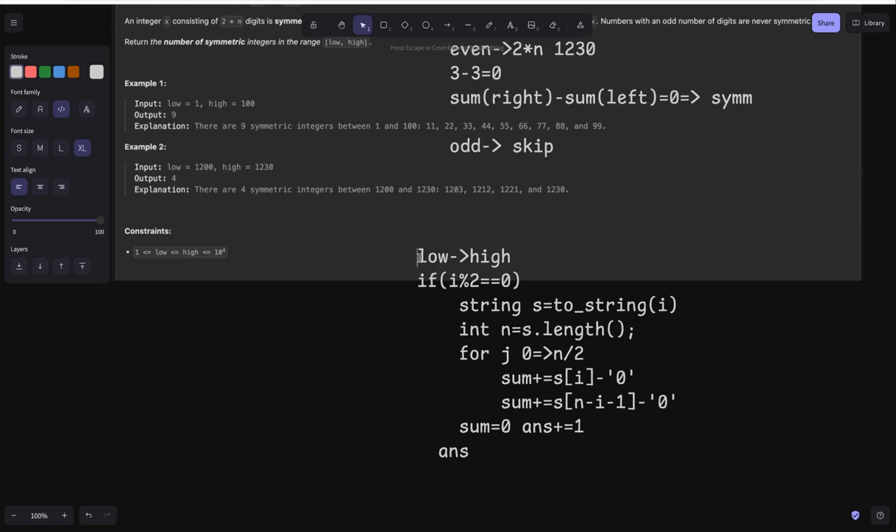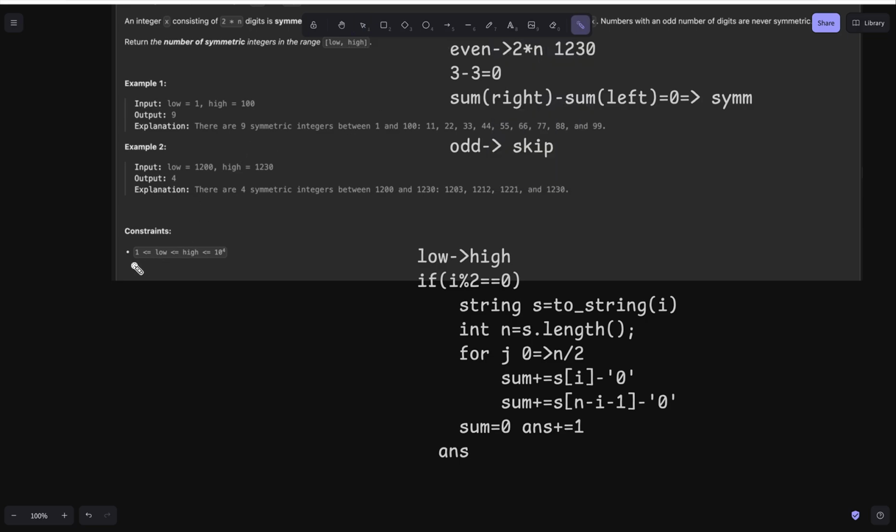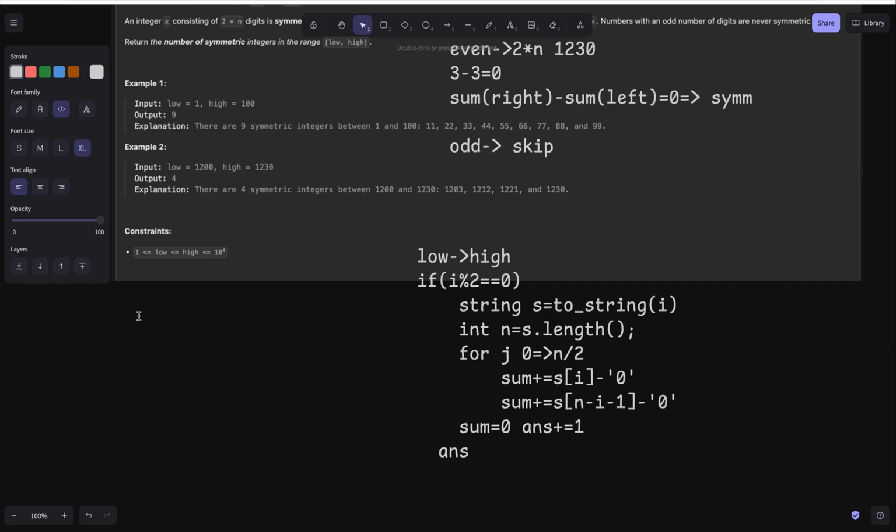Now another simple logic: if you look at the constraints, they are very low. It is still 10 to the power 4, which means 10,000. So we have numbers from only 1 to 10,000.